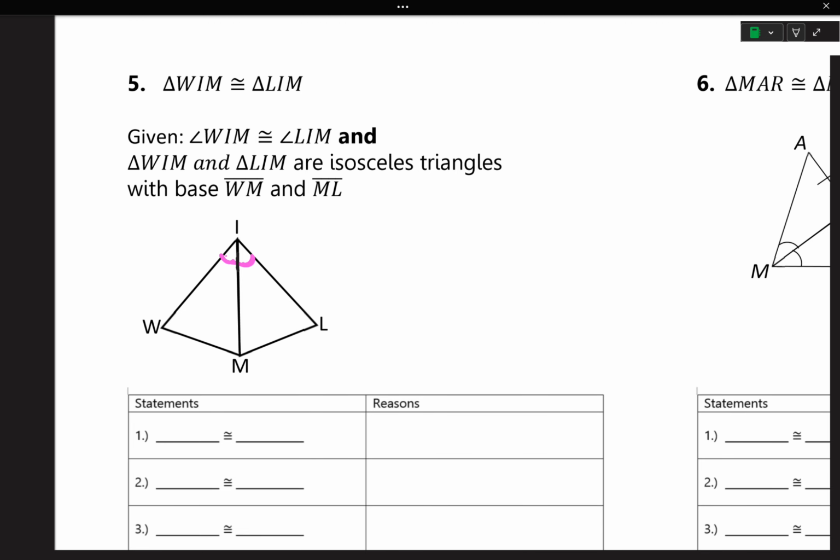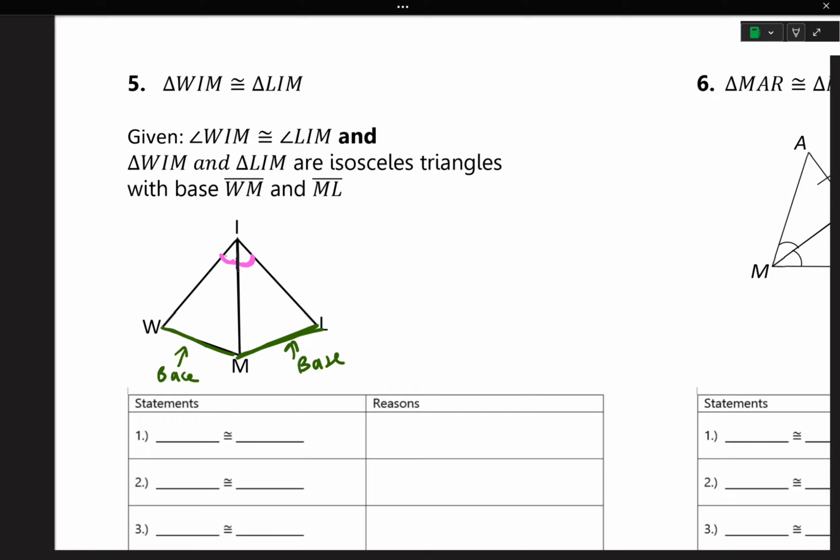We also know that WIM and LIM are isosceles triangles with bases WM and ML. This is a base, and so is this.